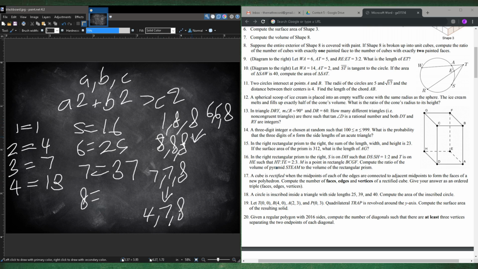So from here to here, there's 7 ones that repeat, like 7, 8, 8, 1, 8, 8, 2, 8, 8, 3, 8. So there's 3 ways for each of those. So times 7. So 3 times 7 plus the 1 because of 8, 8, 8. So you have 22 so far. And then 788 will just add an extra 3.